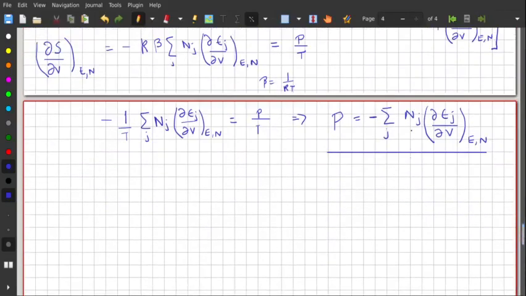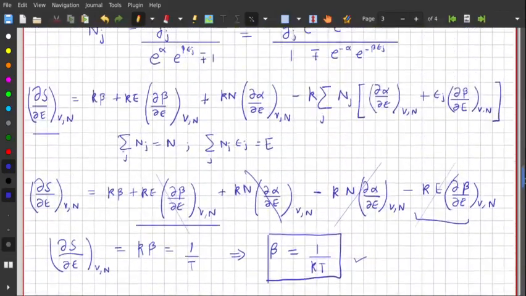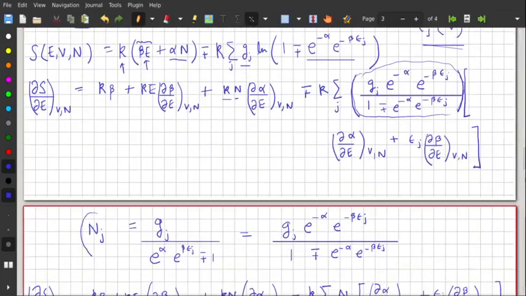Okay, so that's the expression of pressure from a statistical thermodynamics point of view, in terms of the energy states epsilon j and the particle distribution n j. Here we used this important fact about the particle distribution n j, which we derived in the main lectures.